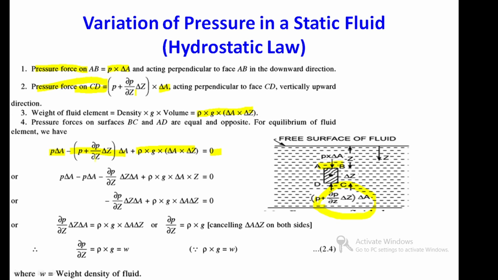So P del A minus (P plus dou P by dou Z del Z) del A plus rho g del A del Z equals 0. The P del A terms cancel, and the remaining terms are minus dou P by dou Z del Z del A plus rho g del A del Z. Taking del A del Z common and cancelling, the remaining term is dou P by dou Z equal to rho g.